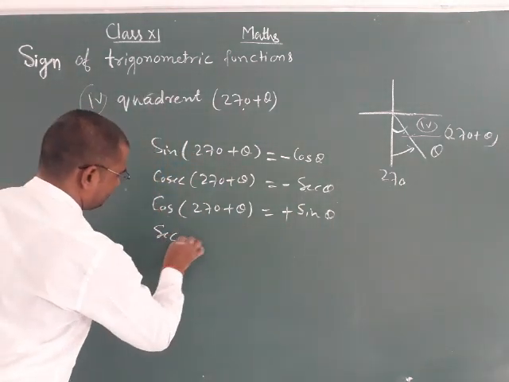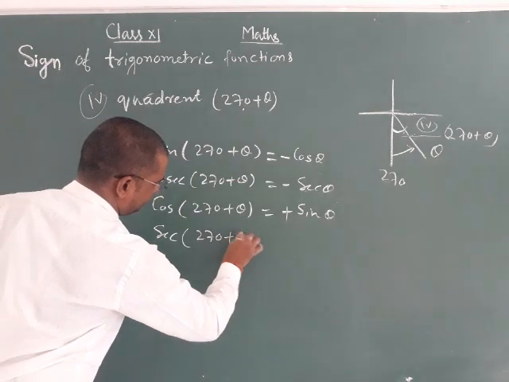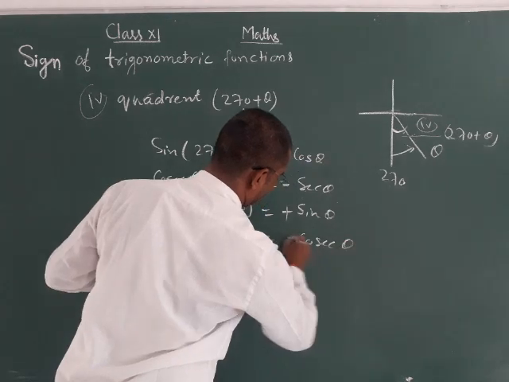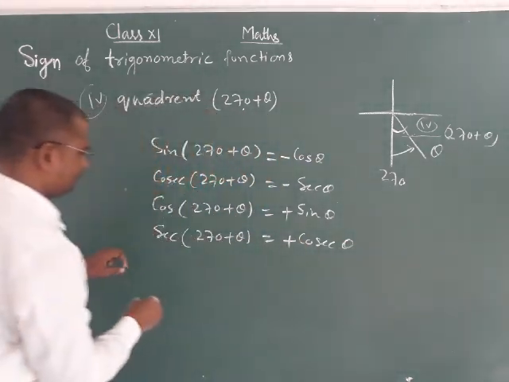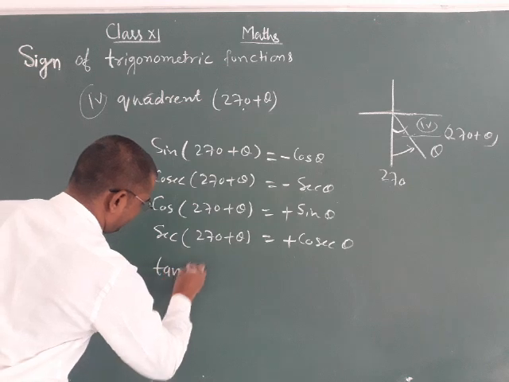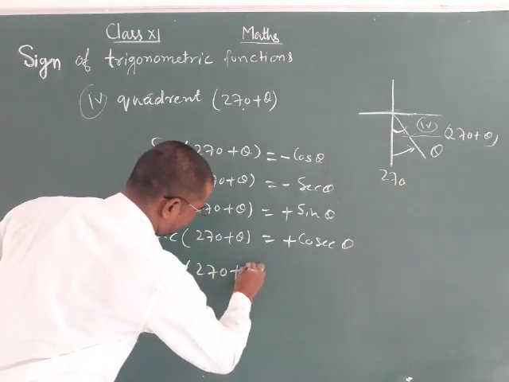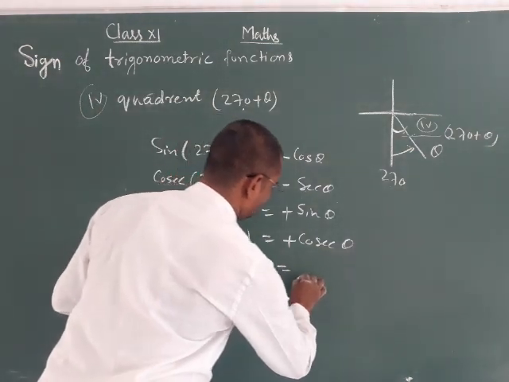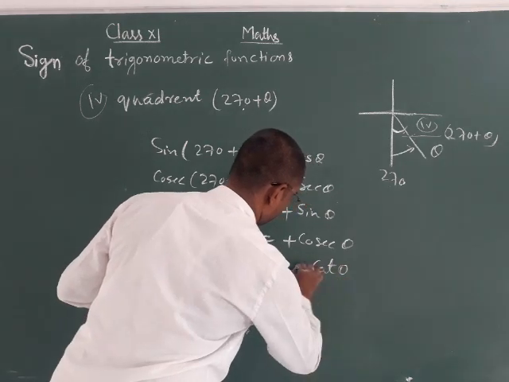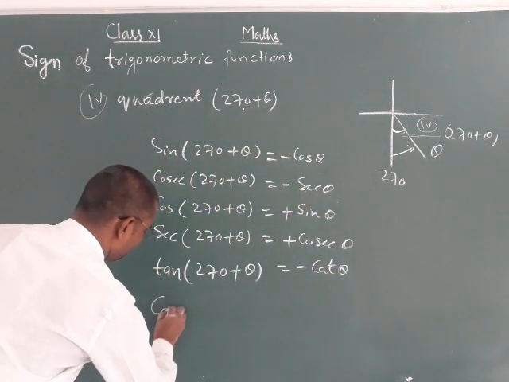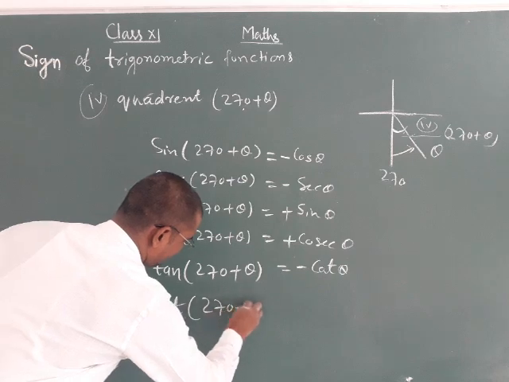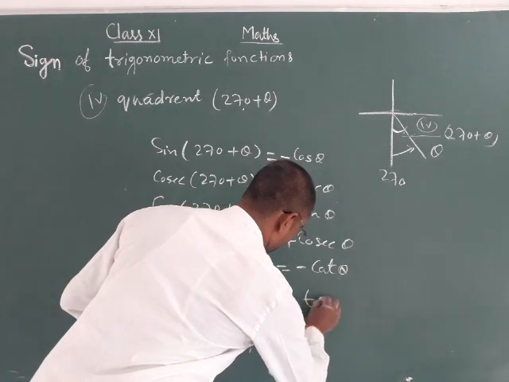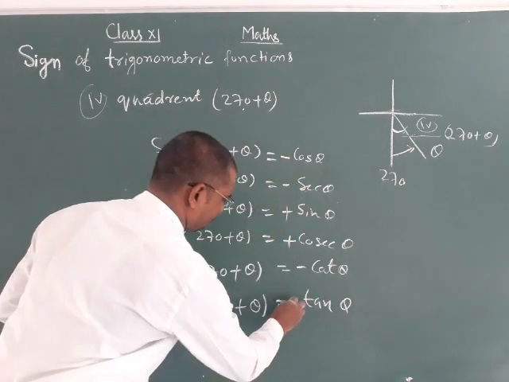Sec(270 plus theta) is cosec theta, positive. Tan(270 plus theta) is minus cot theta, negative, and cot(270 plus theta) is minus tan theta, negative.